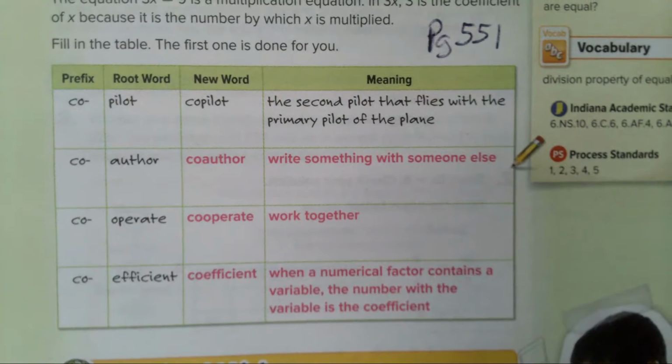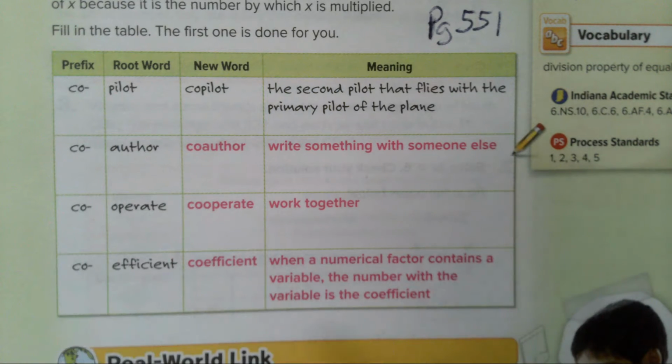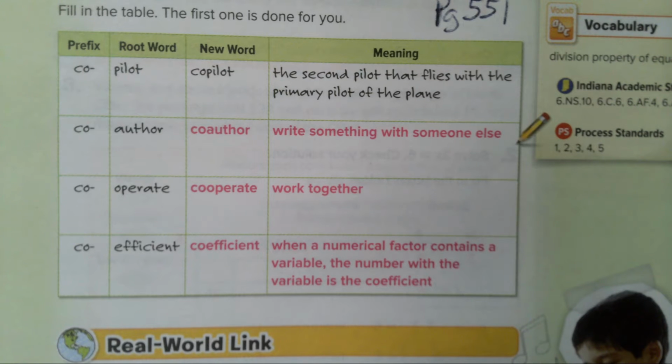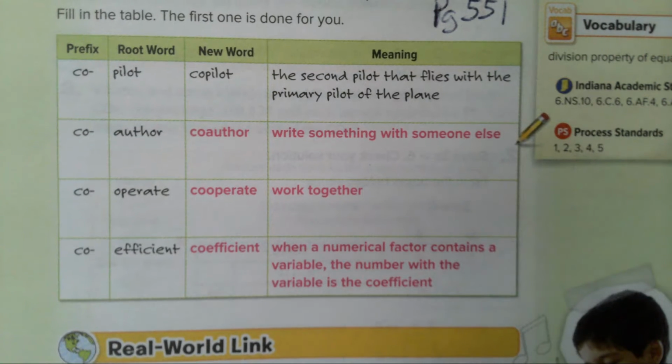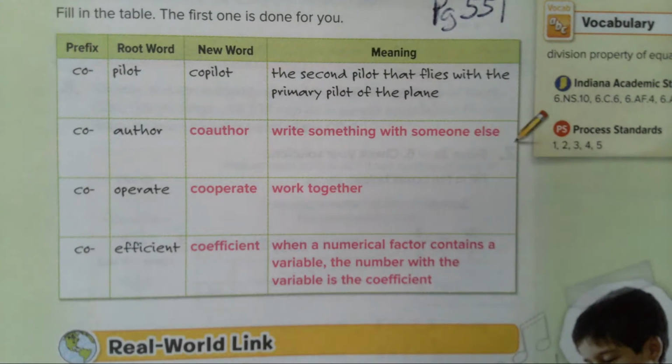Our bell work was page 551, and all you had to do was complete this chart. You can put it on pause so you can get it caught up. Now that you're back from pause, I want us to focus on this last box here. When a numerical factor contains a variable, the number with the variable is the coefficient.